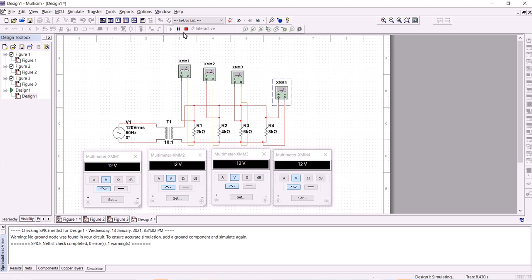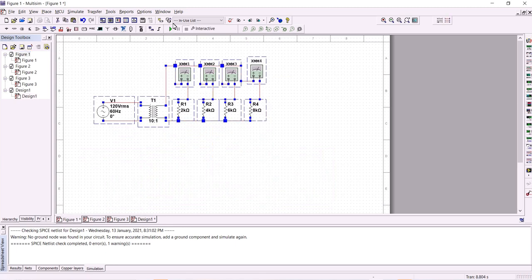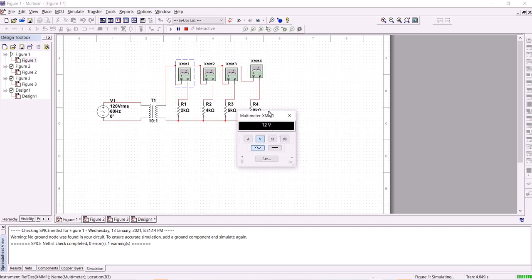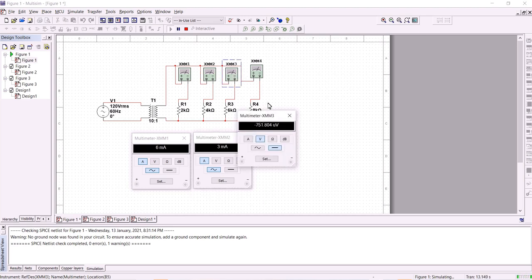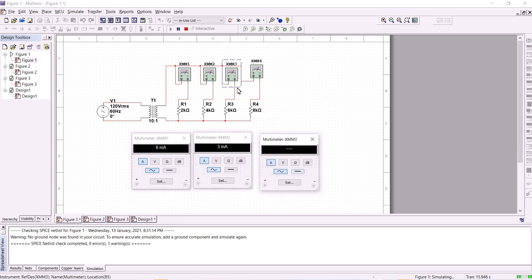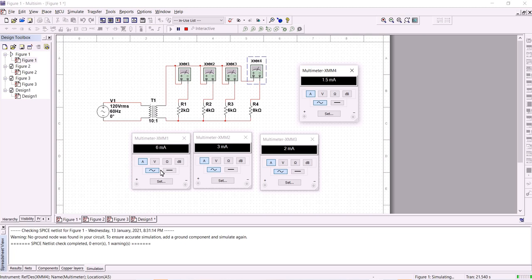For the current, R1 is 6 milliampere, R2 is 3 milliampere, R3 is 2 milliampere, and R4 is 1.5 milliampere.